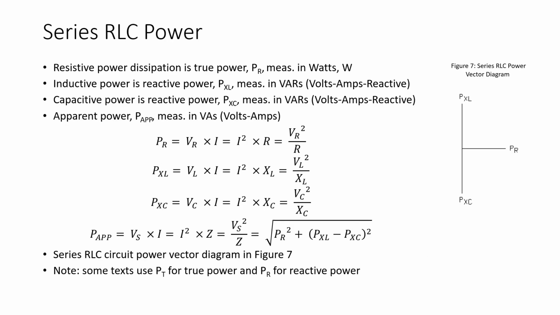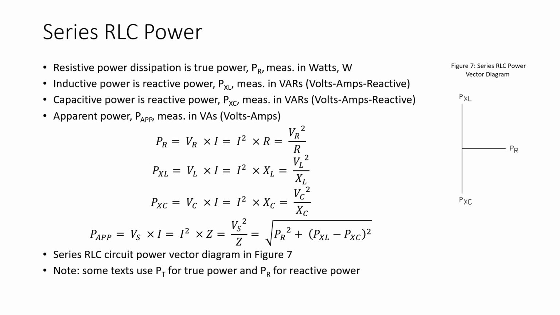Now, figure 7 provides us with the vector diagram of power in this series RLC circuit. And again, resistive power is true power, symbolized as P sub R, and of course this is measured in watts. The inductive power is a reactive power, symbolized with P sub XL, and this is measured in volts amps reactive.